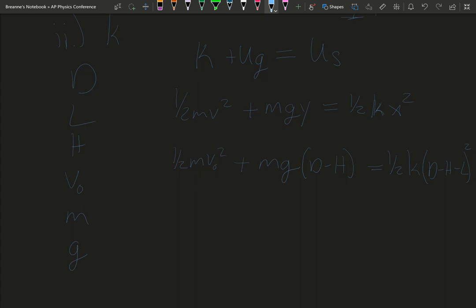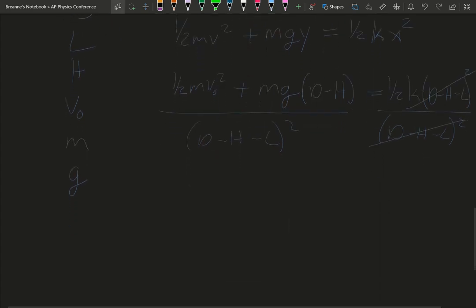Whew, fun stuff. So now we're just trying to get k by itself. We're going to divide both sides by D minus H minus L squared. Don't forget the squared. So we get 1/2 m v naught squared plus mg(D minus H) divided by (D minus H minus L) squared equals 1/2 little k.